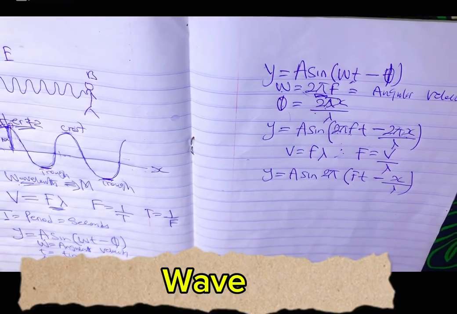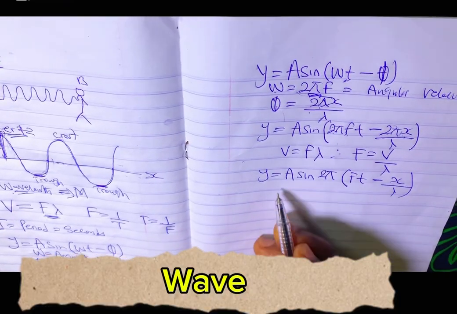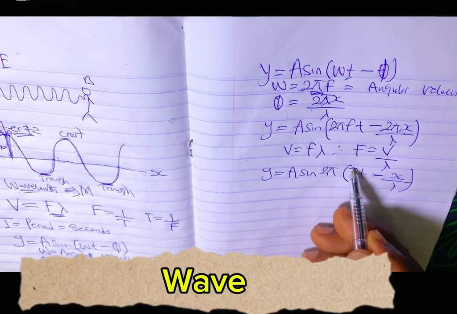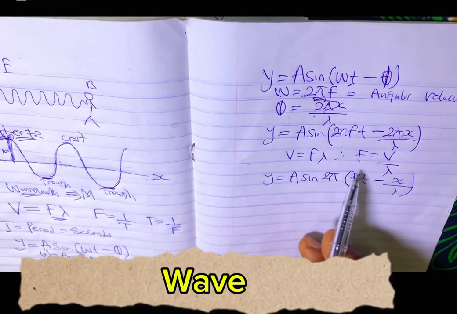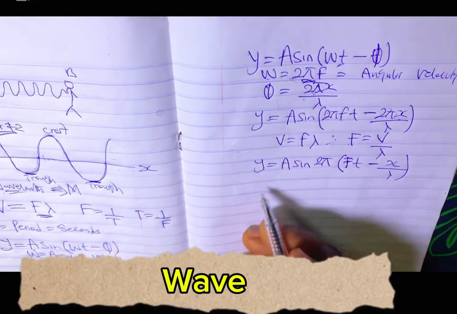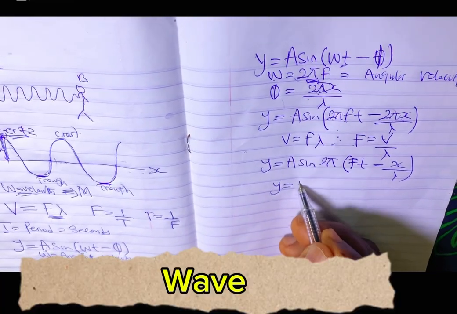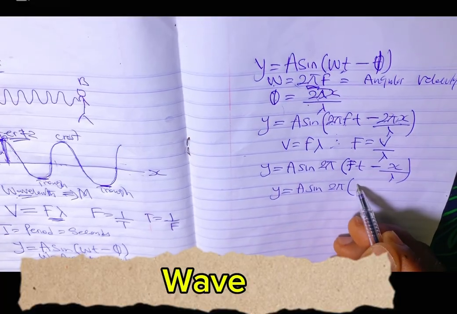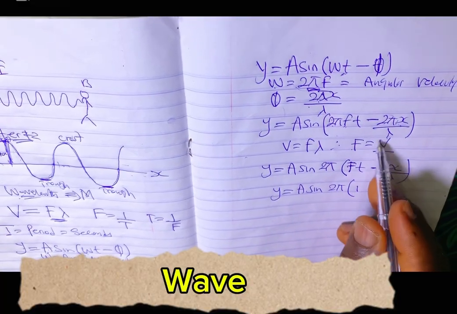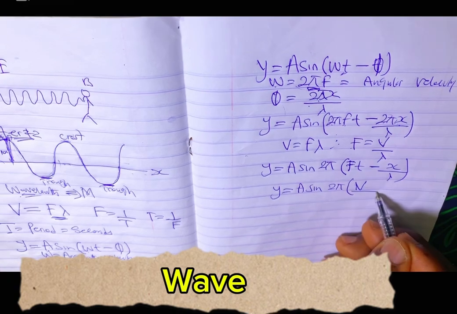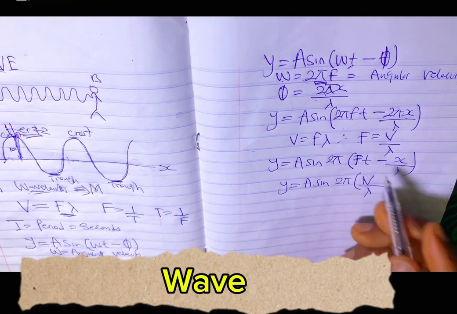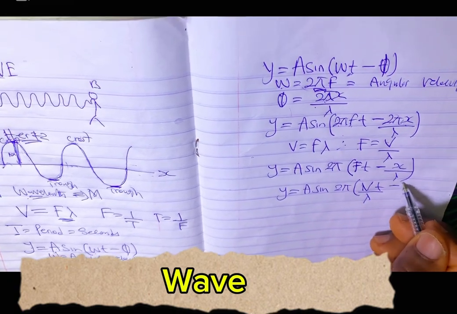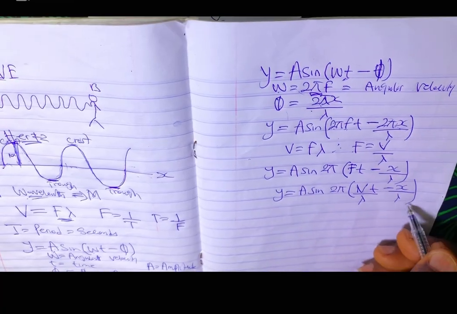Can you see that? Now we are going to change f to what it represents. f is equal to v over lambda. So what are we going to have? We're going to have y equals a sine 2 pi, open your brackets, then f, we substitute with v over lambda, multiplied by t minus x over lambda.